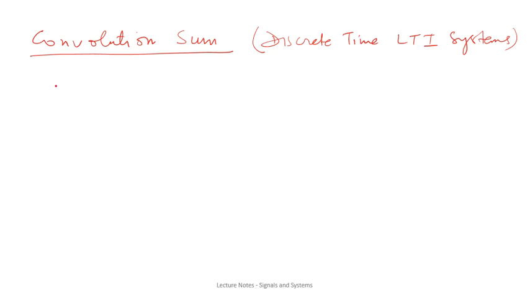So if I go back to the previous unit where we had discussed the properties of the impulse signal, recall that the discrete time impulse signal has this property.